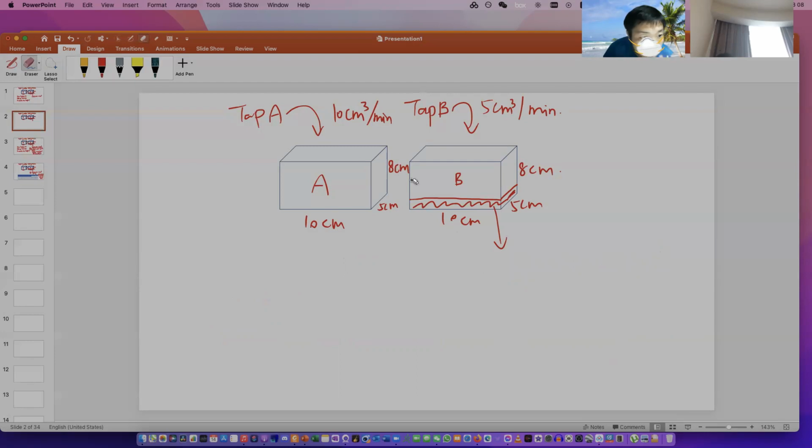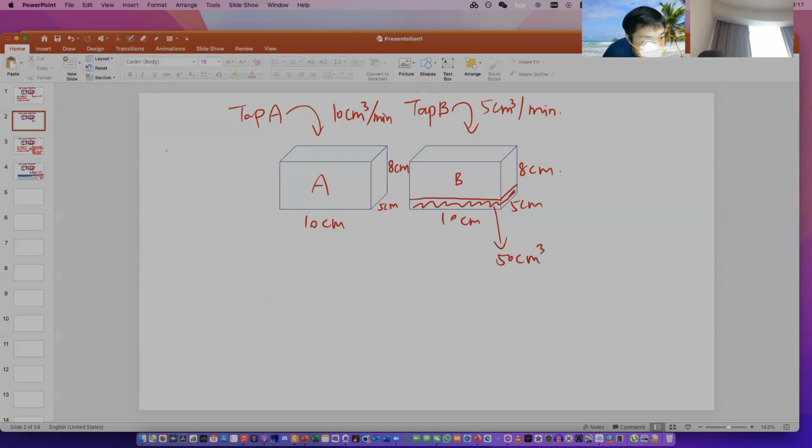Let me just write down 50 cm cube. So no change there, but now there is this change. Instead of 10 cm, let me make it smaller.